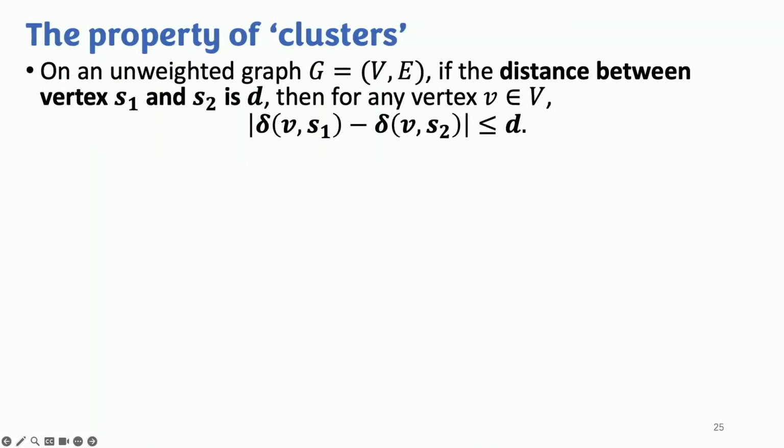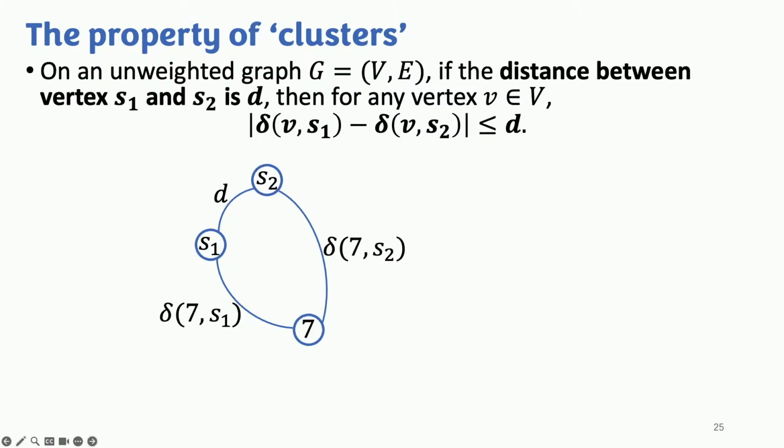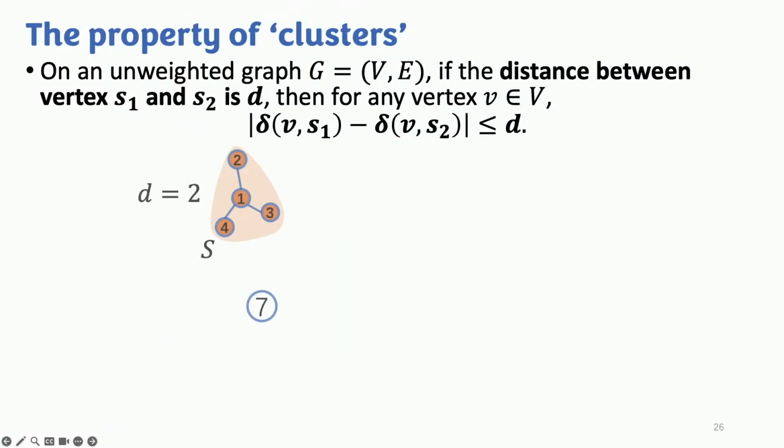According to the triangle inequality, if the distance between two vertices S1 and S2 is d, then for another vertex, such as 7, the distances from 7 to them can differ by at most d. We can further extend this from two vertices to a cluster.